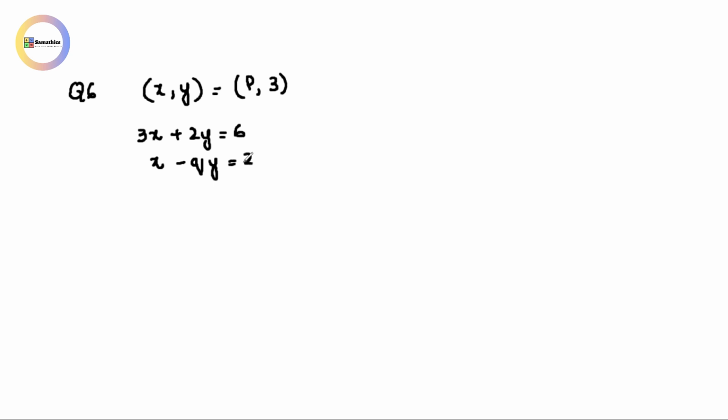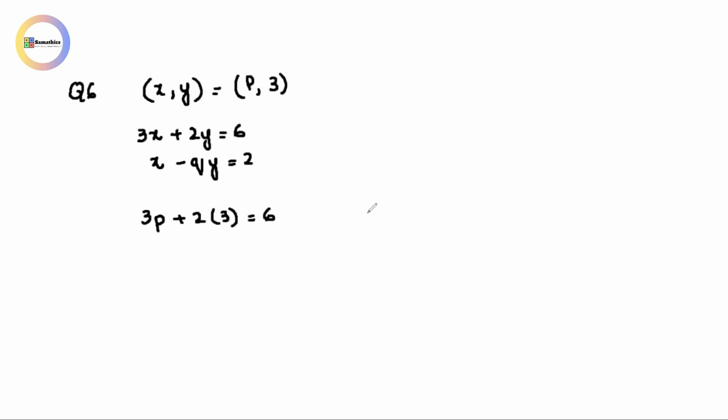So first of all, we will substitute these values of x and y in the equation. Now make sure when you are substituting the values, you have to substitute at the correct place. Like here, x is given p. So in place of x, you will be substituting p. So it will become 3p, plus the value of y is given as 3, so we will substitute 2 into 3 is equal to 6.